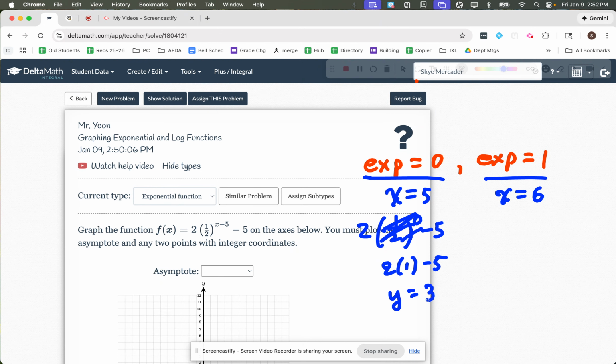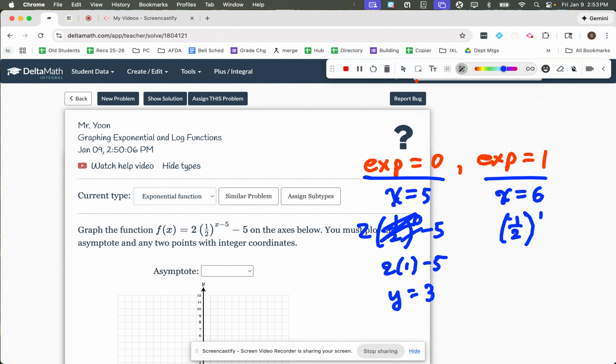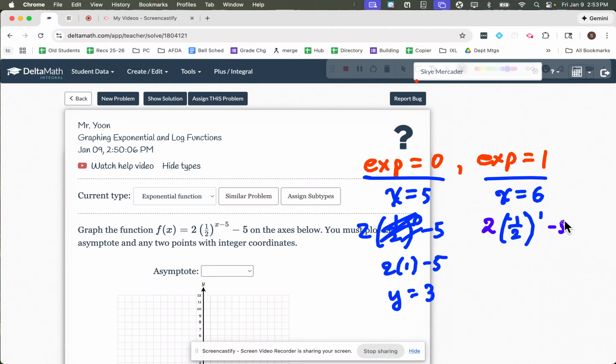When x is 6, you get 1/2 to the 1. Well, guess what? This is an opportunity for me to give you a modified rule. You don't want to use this. You don't want to calculate with a half. 2 times 1/2 to the 1 minus 5.